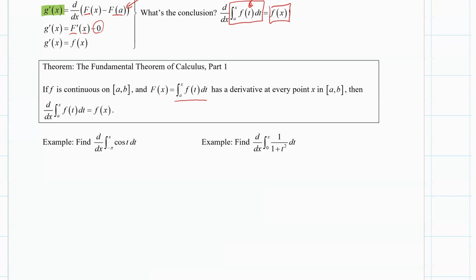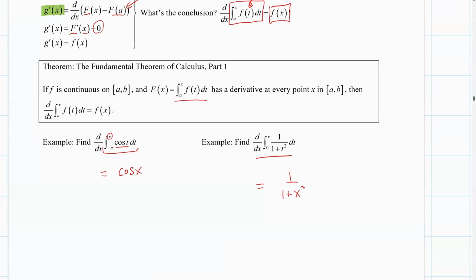Well, the derivative of this integral function has the right form. The upper bound is x, and that's the only x in there. This is simply going to be the cosine of x. Or if I look at this one, same idea. This answer is going to be 1 over 1 plus x squared.